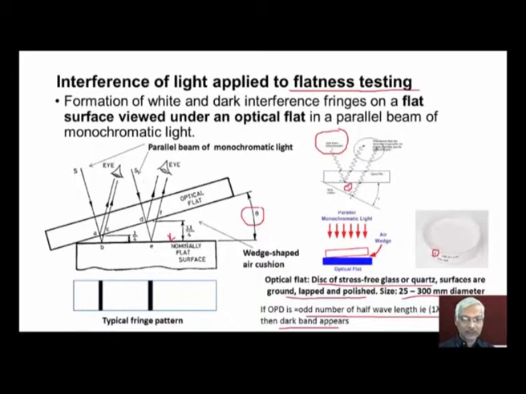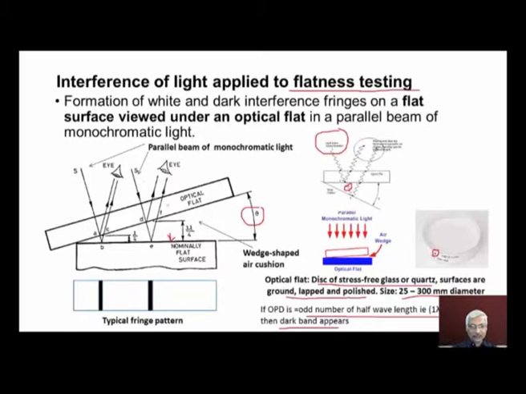Now we will consider another point, wherein again we have light from a monochromatic source, and the light passes through the optical flat. It is reflected from the point D, and the reflected light will move in this direction, and part of the light is transmitted and takes this path DE, and from E it is reflected and takes this path, and these two waves are combined here.